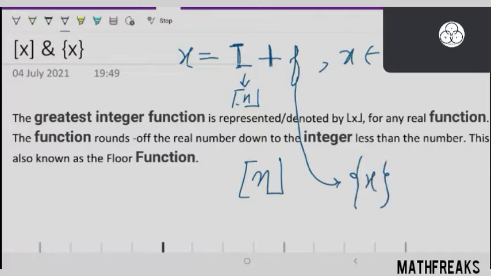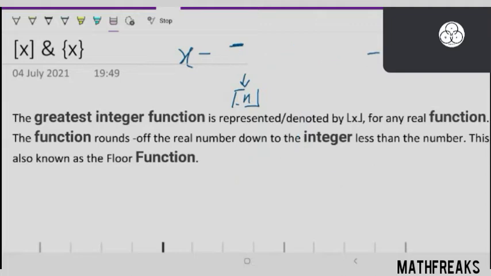Now what does the symbol signify at all? Say for example another number, 3.3.